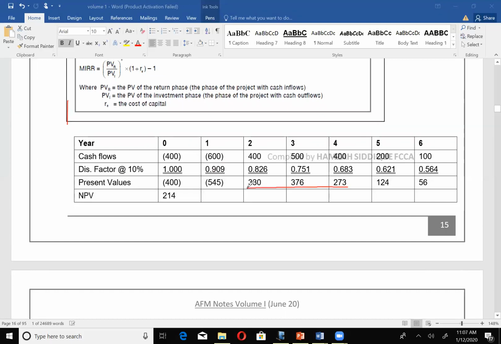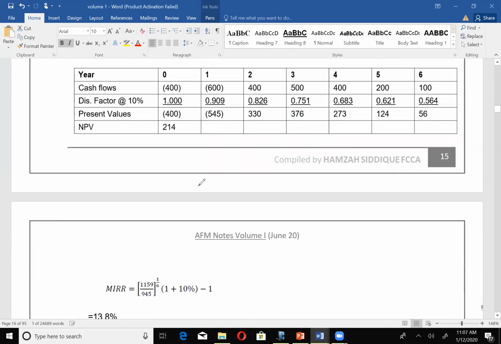NPV they calculated basically. Next, for MIRR, it should be present values. If we add up all these, it is 1159. This is the 1159 present values, and the sum of these both is 945.